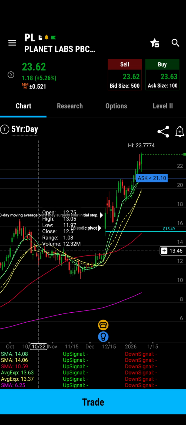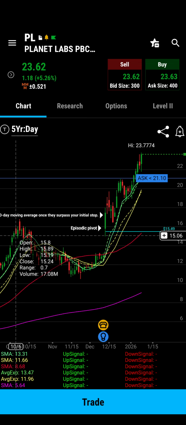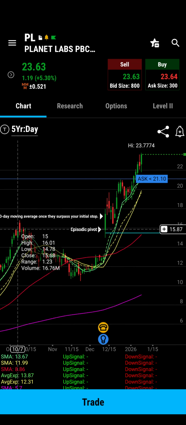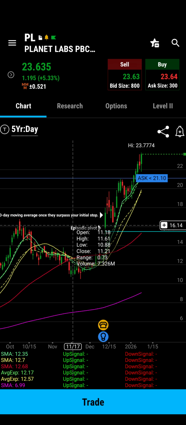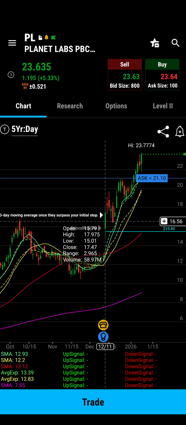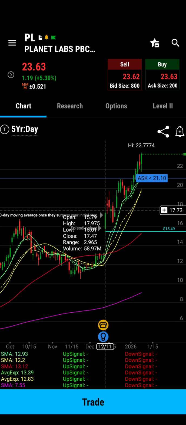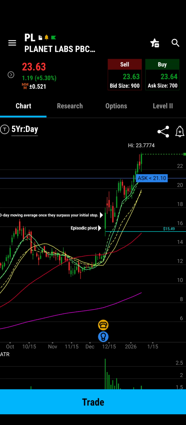It wasn't really a flat level, but it was almost above. It was right at the pivot over in this area. So on day one, it traded above that pivot high right over here. So basically, episodic pivots have to open above a resistance level, or at least show some strength into it, showing that it's gonna break that resistance.